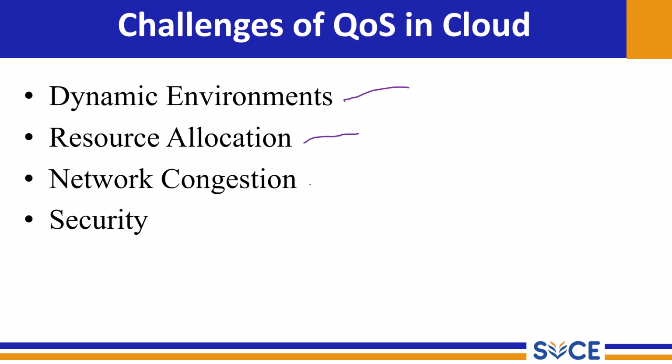Network congestion can impact QoS, requiring effective traffic management and prioritizing strategies. Okay, and security: ensuring the security of cloud resources while maintaining QoS can be challenging, and requires careful consideration of security protocols as well as resource allocation.